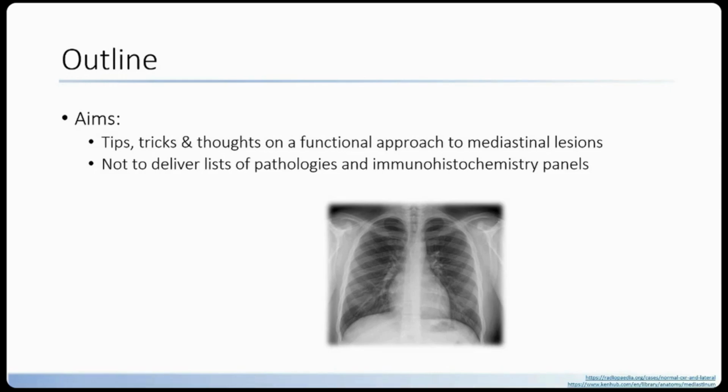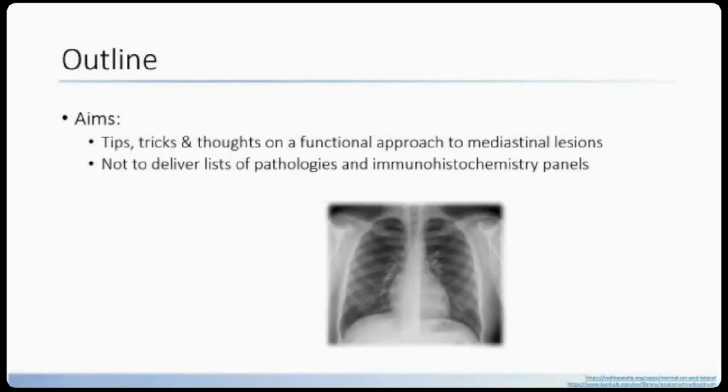So while there are some lists, this is not going to be an exhaustive didactic list of conditions in the thorax. I'm not going to go into each individual condition in huge amounts of detail because of time constraints, and also because of everyone's ability to ingest just a wall of information.